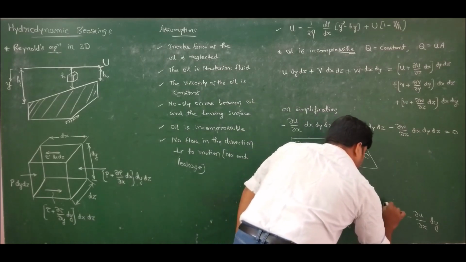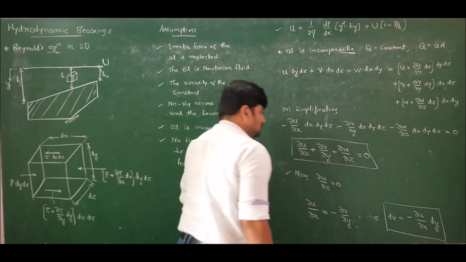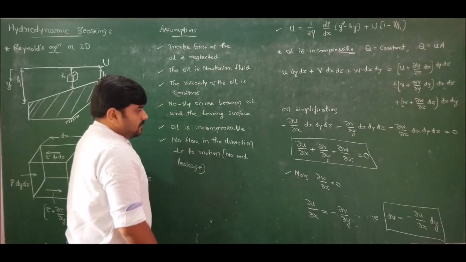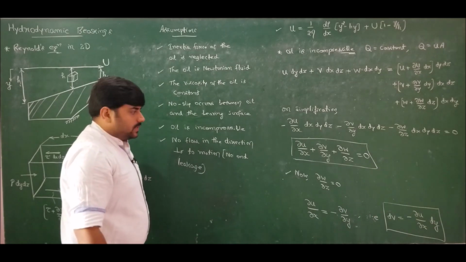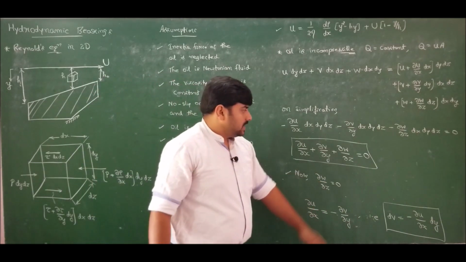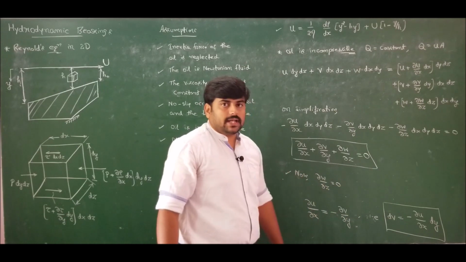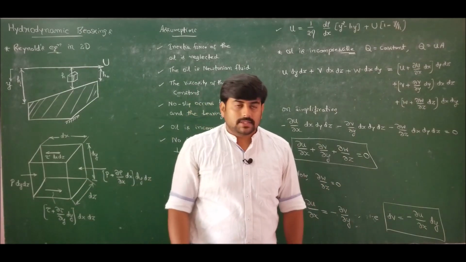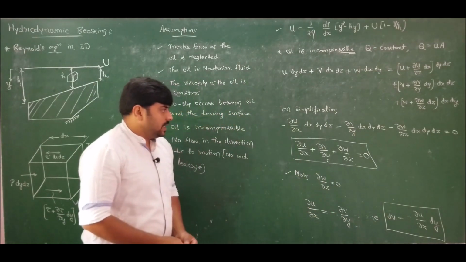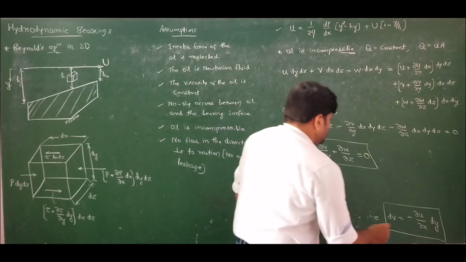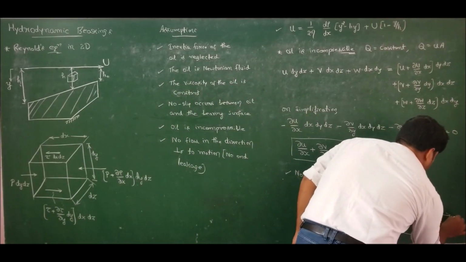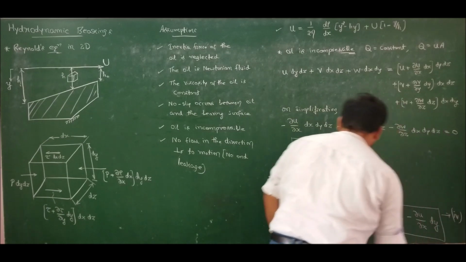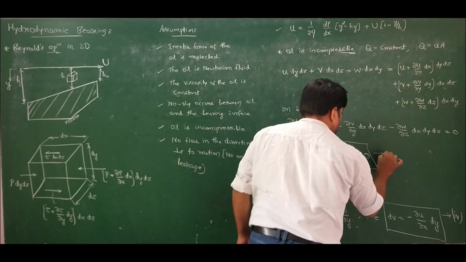So this is what I will get. Now I can integrate this equation. If I integrate this equation, I will get the Reynolds equation in 2 dimensions. Let me take this equation as equation number 4 and the continuity equation as equation number 3.